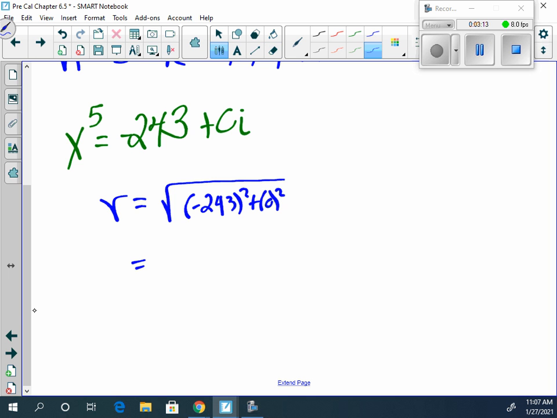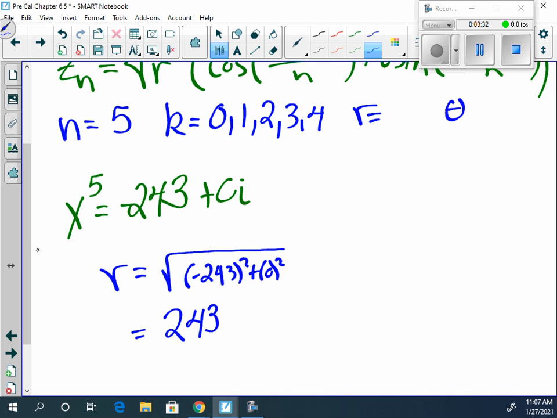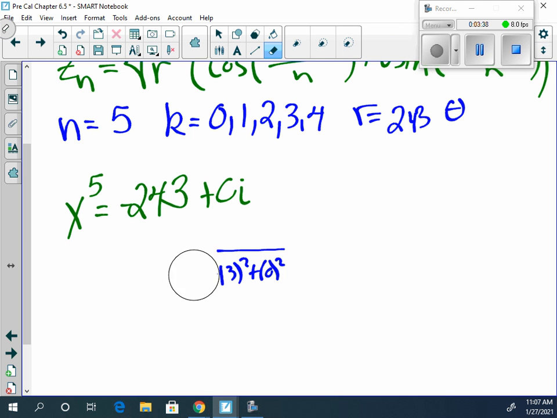Square rooting it would give us positive 243, because negative 243 squared would give us a big positive number, and when we square root it, we would get back to 243, but it would be positive, not negative. So r is 243.